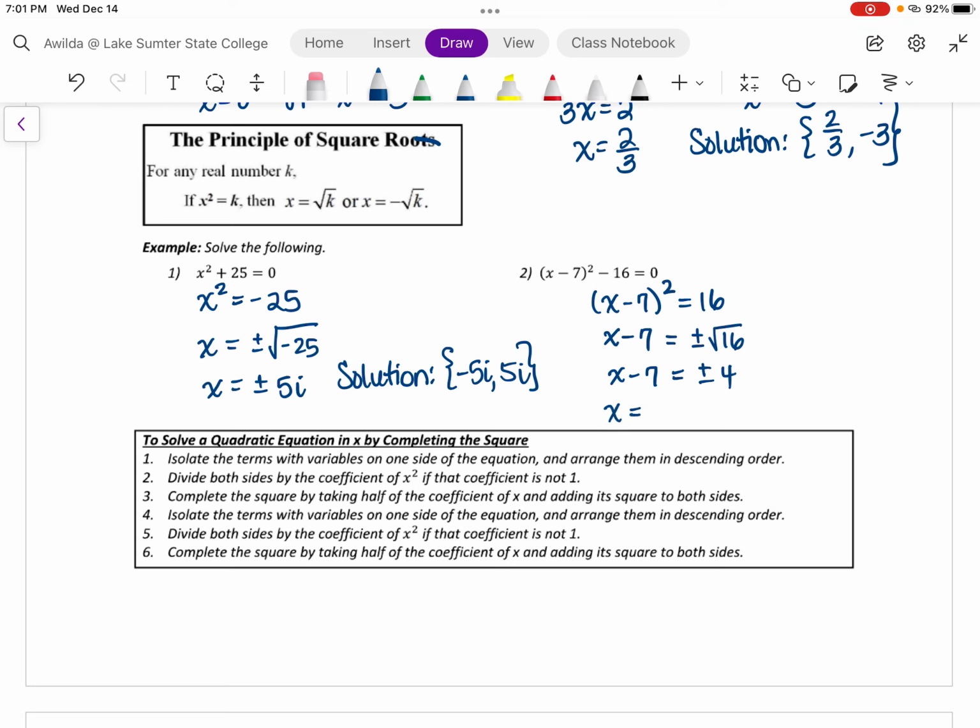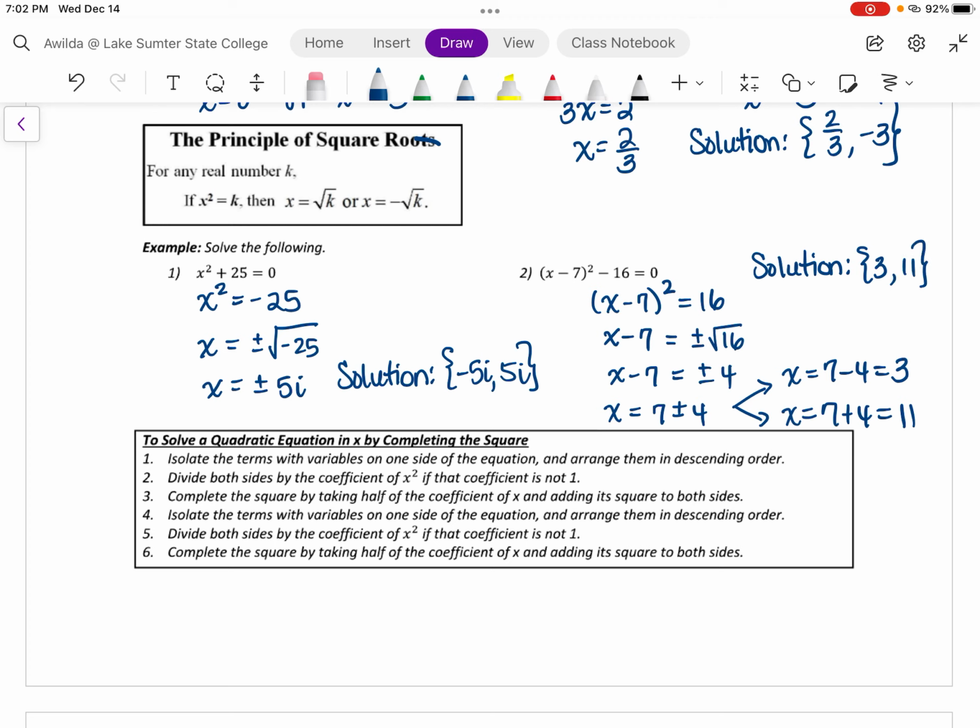We have x is equal to 7 plus or minus 4. This gives us two solutions. Either x is equal to 7 minus 4, which is 3, or x is equal to 7 plus 4, which is 11. So we have two solutions to this quadratic equation. The two solutions are either positive 3 or positive 11.